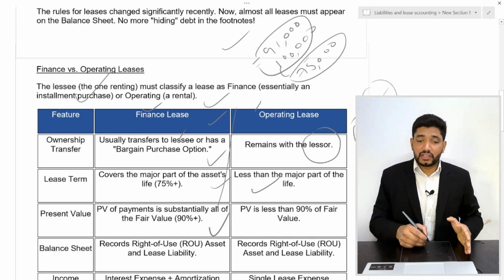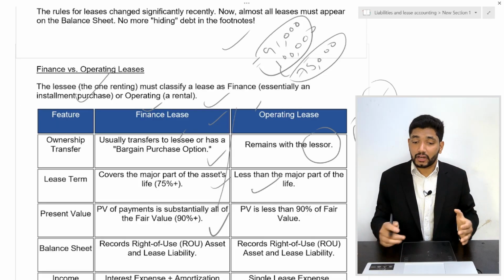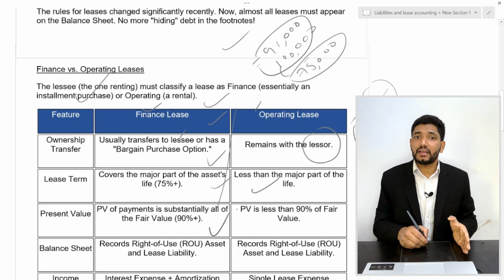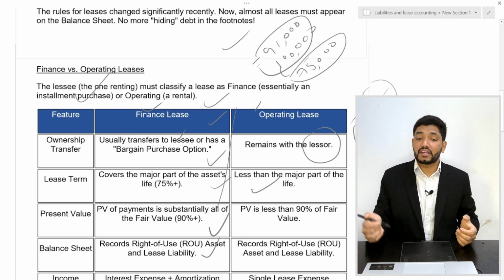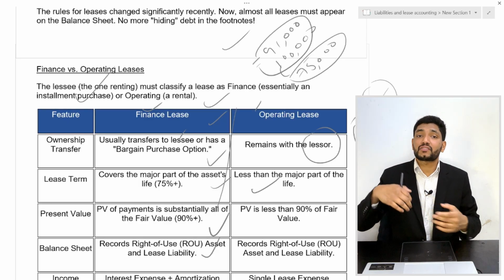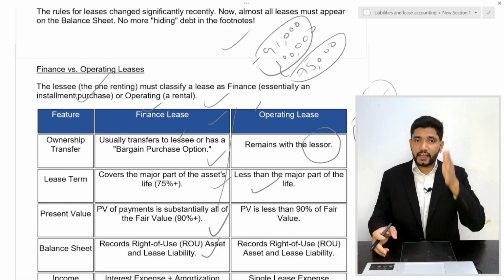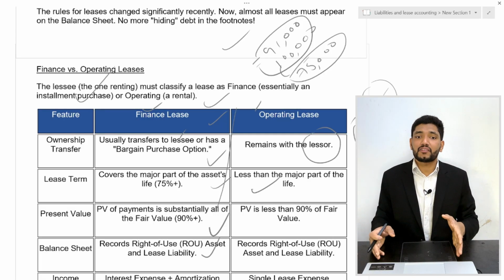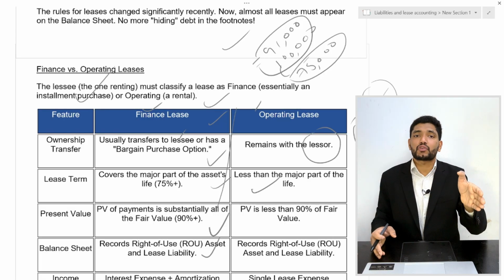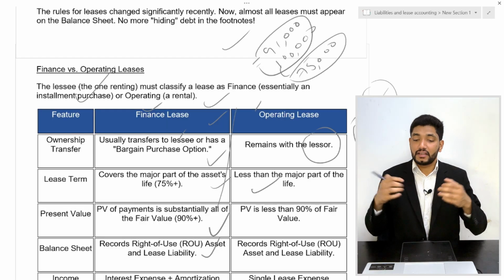Then when it comes to balance sheet, both finance lease and operating lease have to be recorded as a right of use asset and lease liability. Previously, the operating lease you could just record as an expense. Under US GAAP, now both finance lease and operating lease are mandatory to show in the balance sheet, as a right of use asset on the asset side, and a lease liability on the liability side.